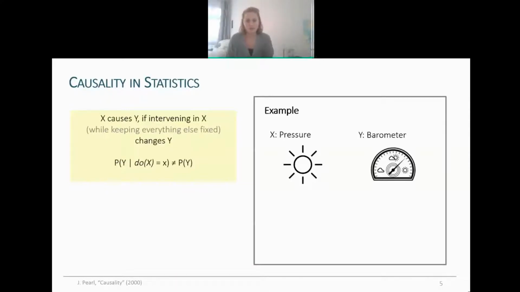For example, consider this very simple example, where X denotes pressure at some location, and Y is a barometer.